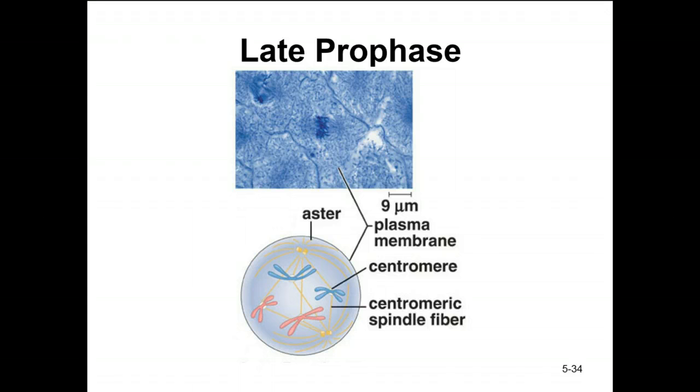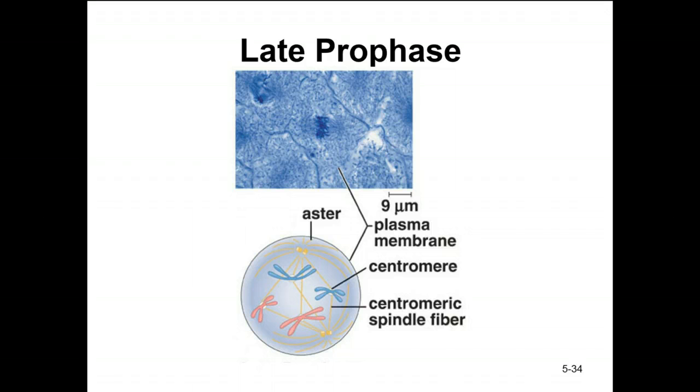Late prophase, which is sometimes referred to as prometaphase, has the following highlights. The chromosomes continue to condense, the spindle microtubules form, the nuclear envelope breaks down, and the chromosomes are captured by the spindle microtubules.